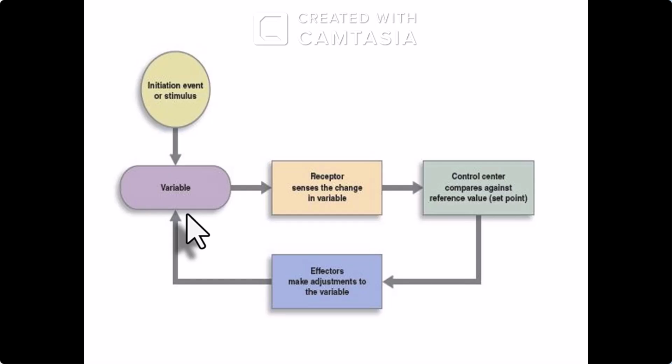They then send signals to the control center, which is the medulla oblongata. The medulla oblongata starts sending signals to the effector, and ultimately our blood pressure decreases toward the normal range.